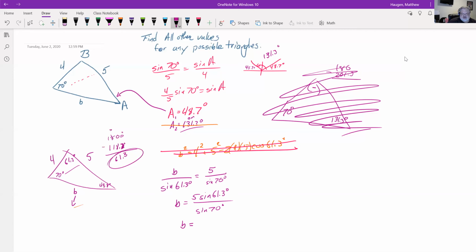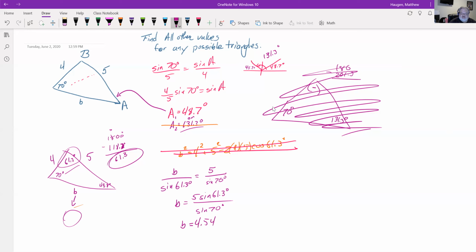I'd expect that to be what? This is the medium angle, so that side length will be somewhere between the 4 and 5. So 5 times the sine of 61.3 divided by the sine of 70 degrees, 4.54.